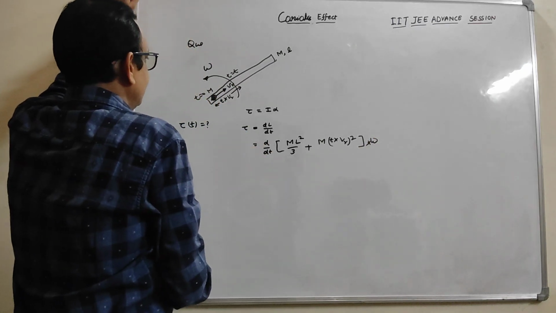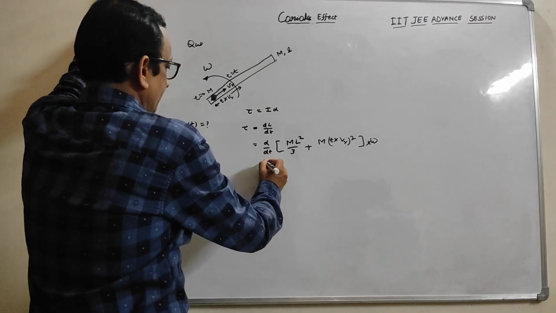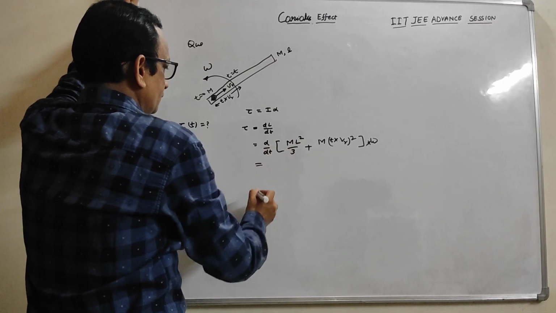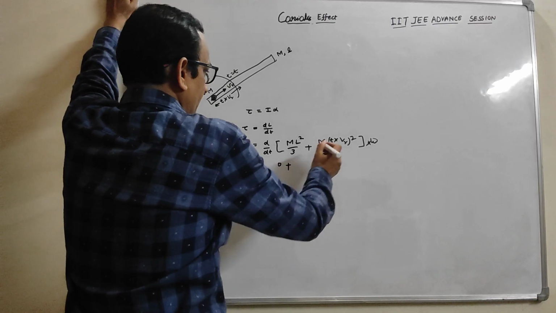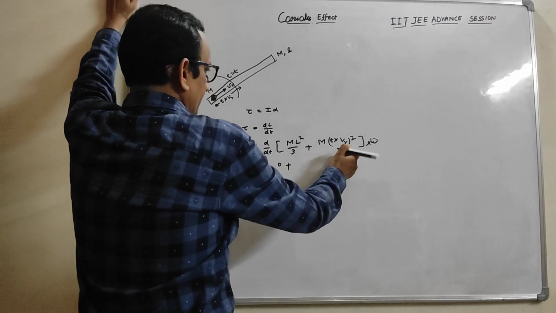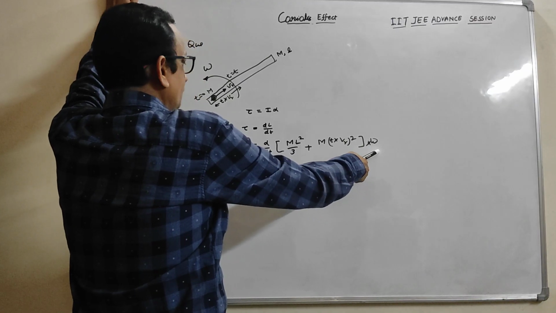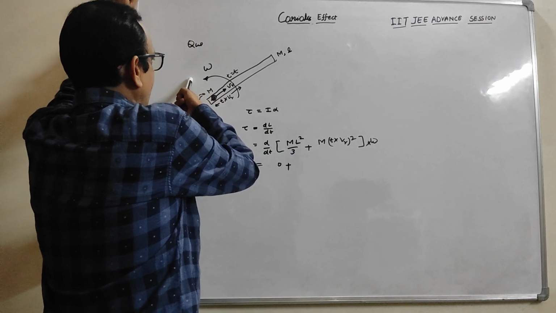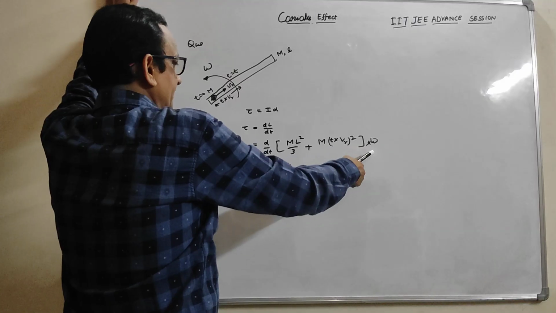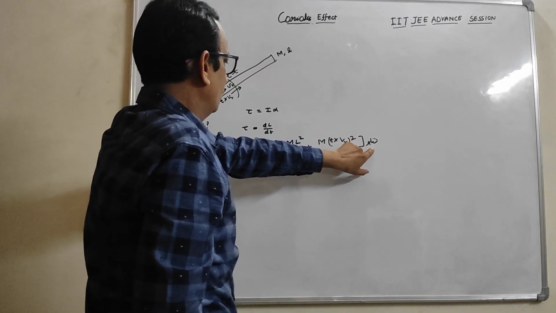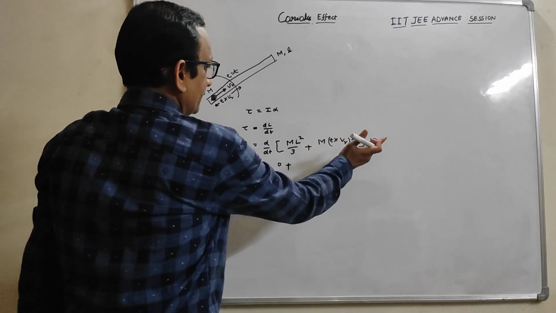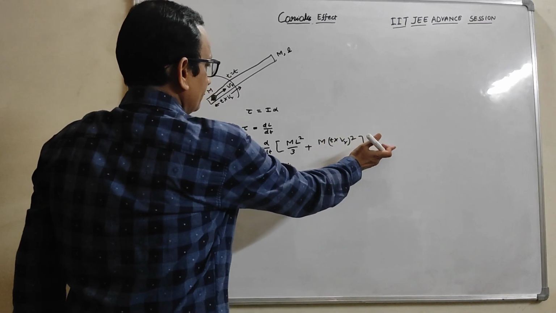So differentiate this term with respect to t. This becomes 0 plus m d omega over dt, and because the rod is moving with constant angular velocity, d omega by dt would be 0, so this term becomes 0.